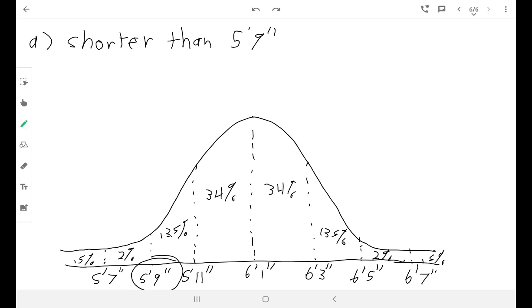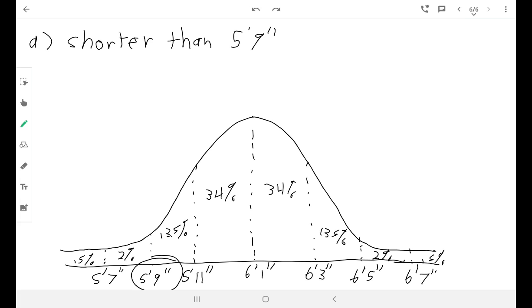If I was looking for someone that was 6'5", it'd be a 13.5% chance. So this really tells you visually exactly how to do this. Okay. So 13.5% right there.